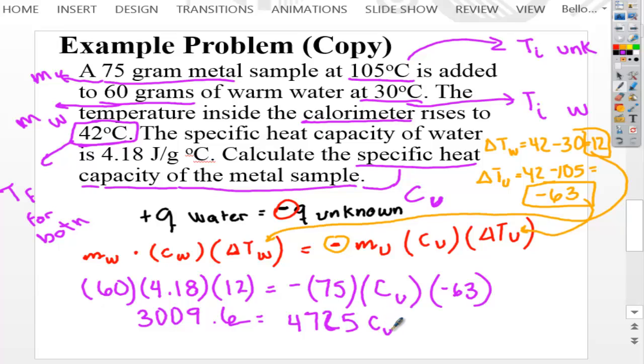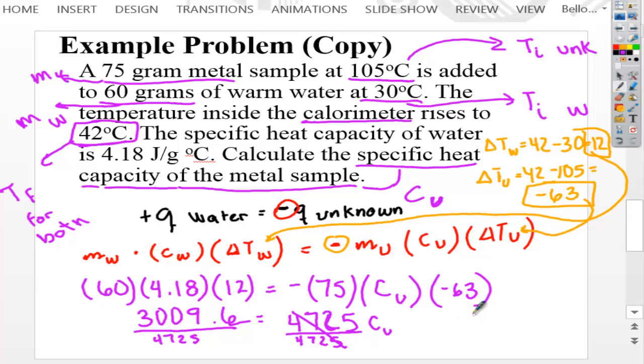What do I do next? You're going to divide both sides by what? 47.25. So divide by 47.25. This crosses out.